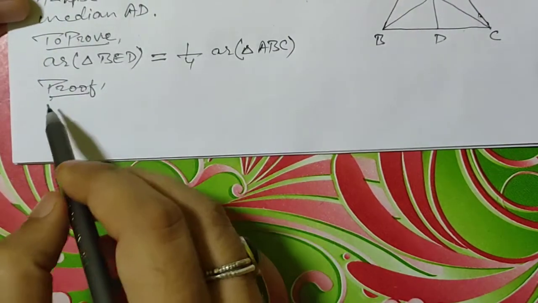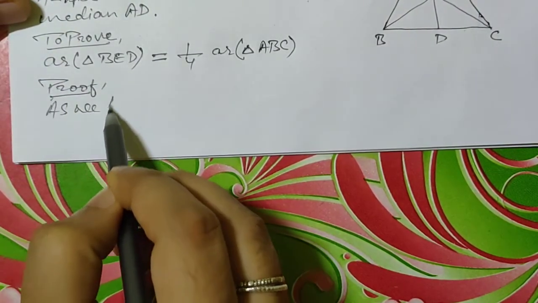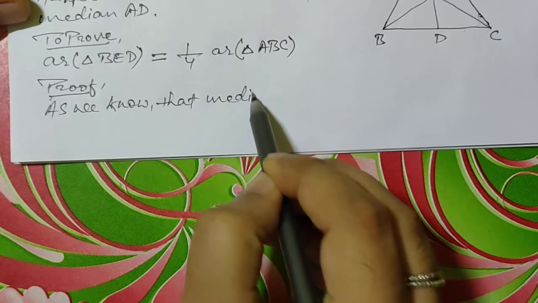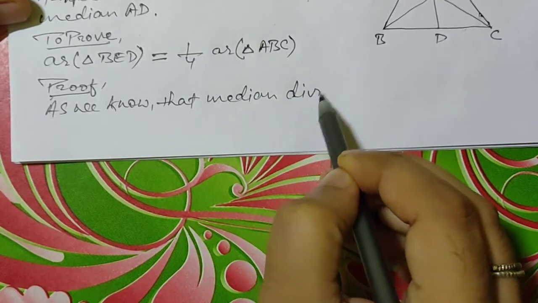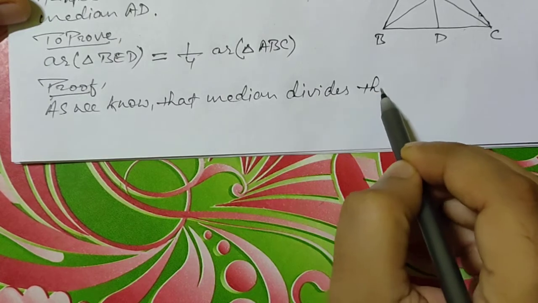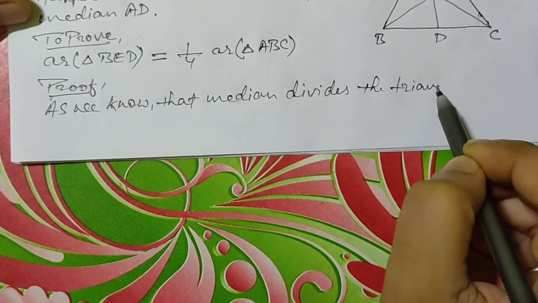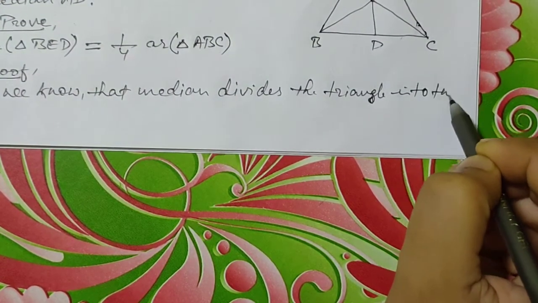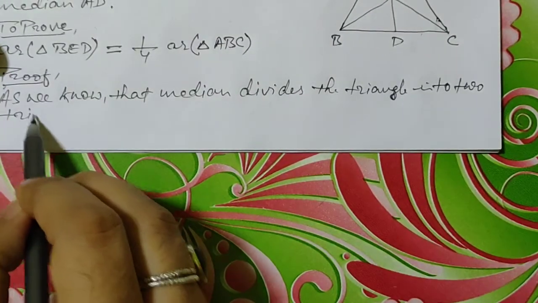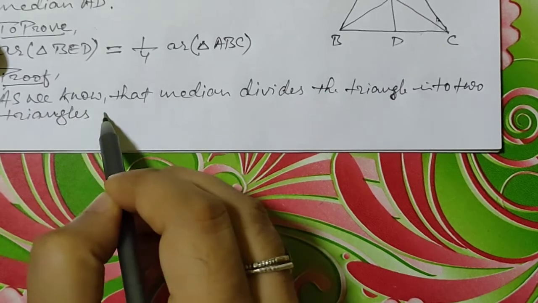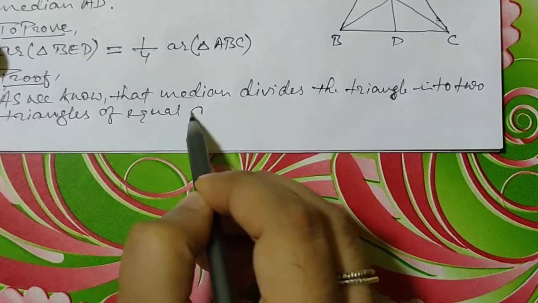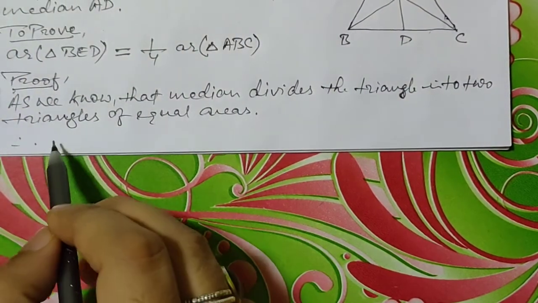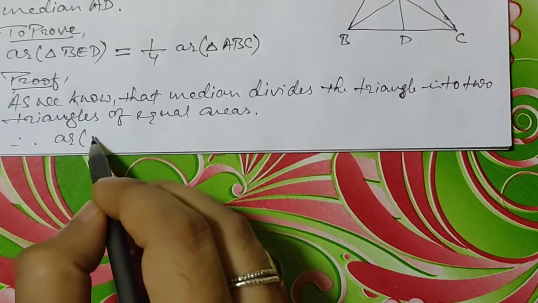So I'm going to write: we know that median divides the triangle into two triangles of equal areas.